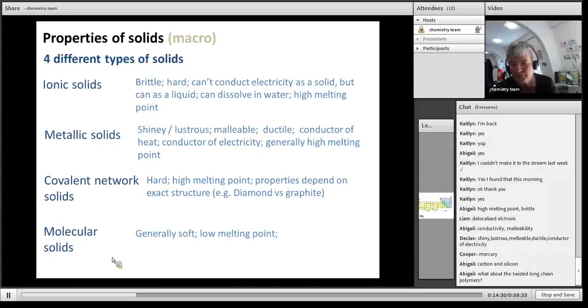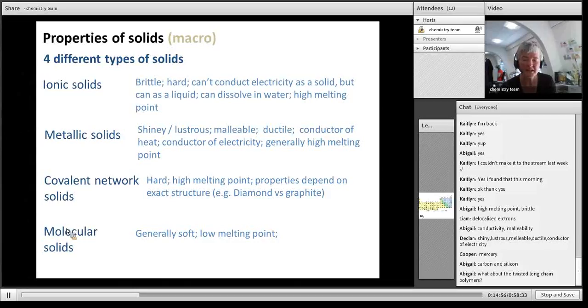Abigail, the long twisted chain polymers, if they are just long molecules by themselves, twisted together but not bonded together, then they tend to come under the molecular solids, because they're simply long molecules of thousands of atoms in each molecule.